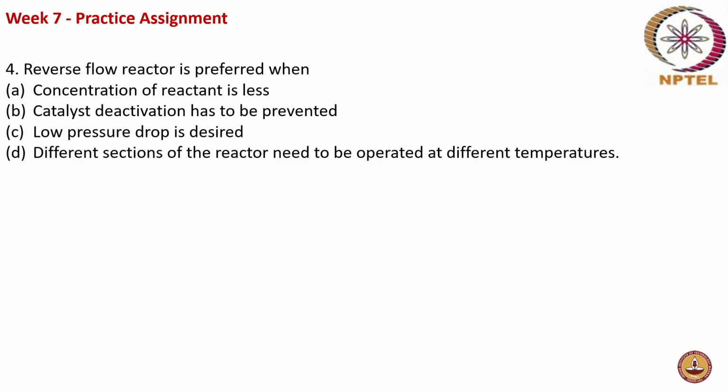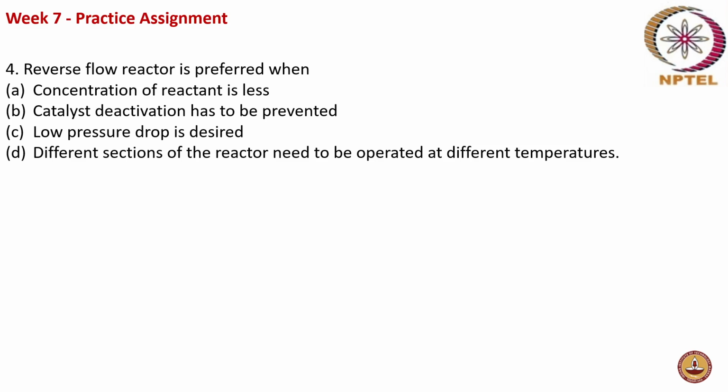Now, question number 4. Is a reverse flow reactor preferred when the concentration of the reactant is less, or when catalyst deactivation has to be prevented, or for low pressure drop which is desired, or option D, different sections of the reactor need to be operated at different temperatures?